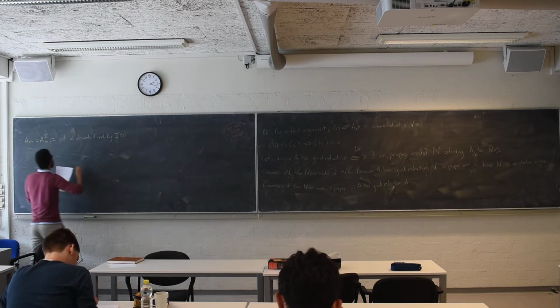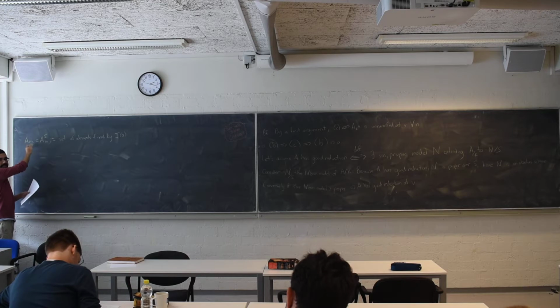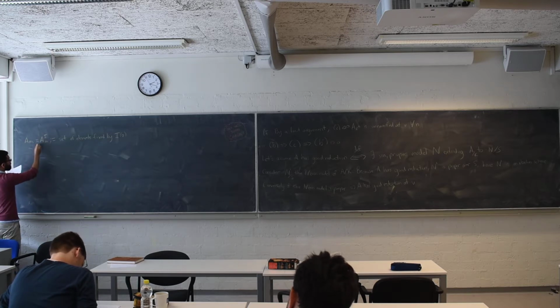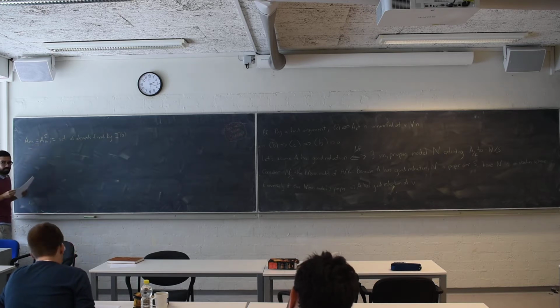Right, so part B says that A[m] is unramified, and the definition of unramified says that it's fixed by the inertia group. But for now, all we know is that we have a subset, so we have an inclusion in this direction.